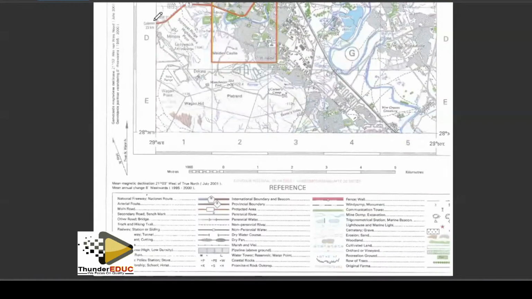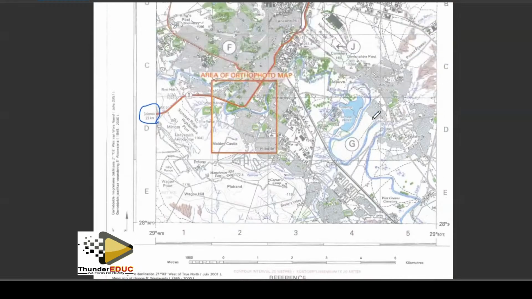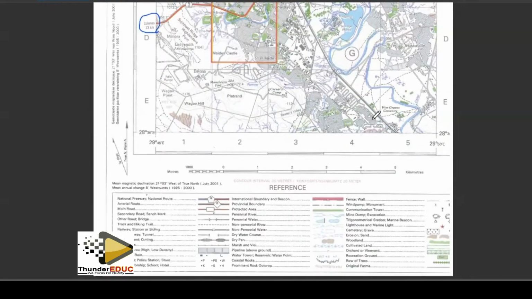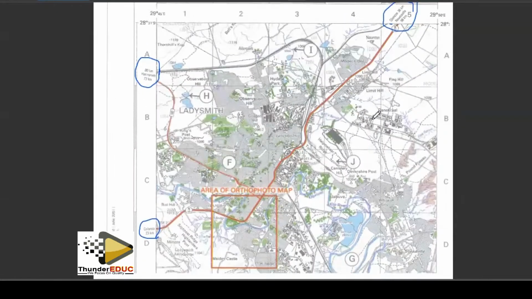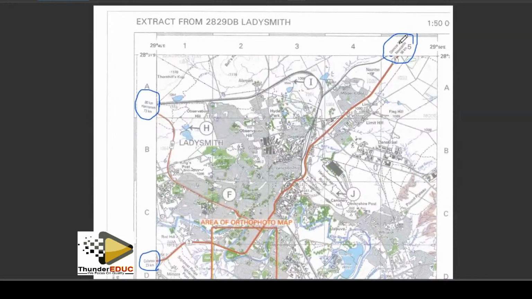Then again, we come here. We check again. It's Colenso, 23 kilometers by road. I think those are the indications of distance to the nearest towns and cities according to our map here. So we are comparing 36 to 98 to 80 to 73 and to 23.